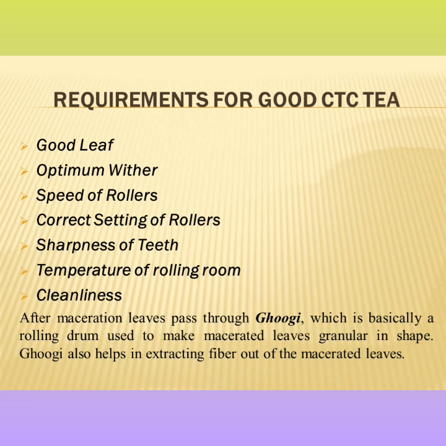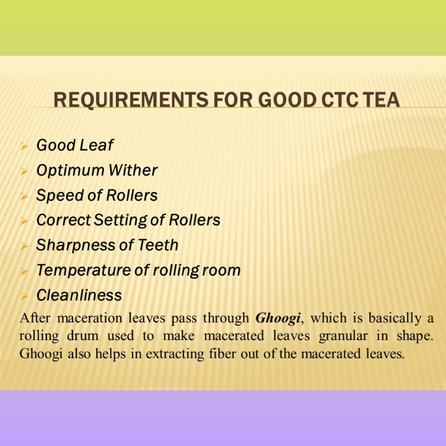This is actually a rotary sifter. Googie is basically a rolling drum used to make the macerated leaf granular in shape. Once we macerate the leaves, the fiber comes out.